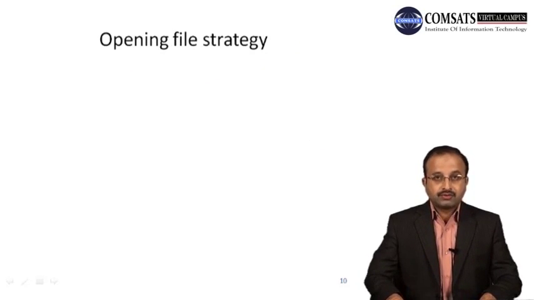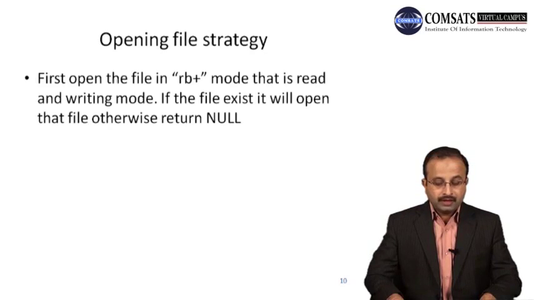Now, opening file strategy. First, open the file in RB plus mode, that is reading and writing mode. If the file exists, it will open that file and the file pointer points to the first character in that file, and if the file does not exist, then fopen will return you null.